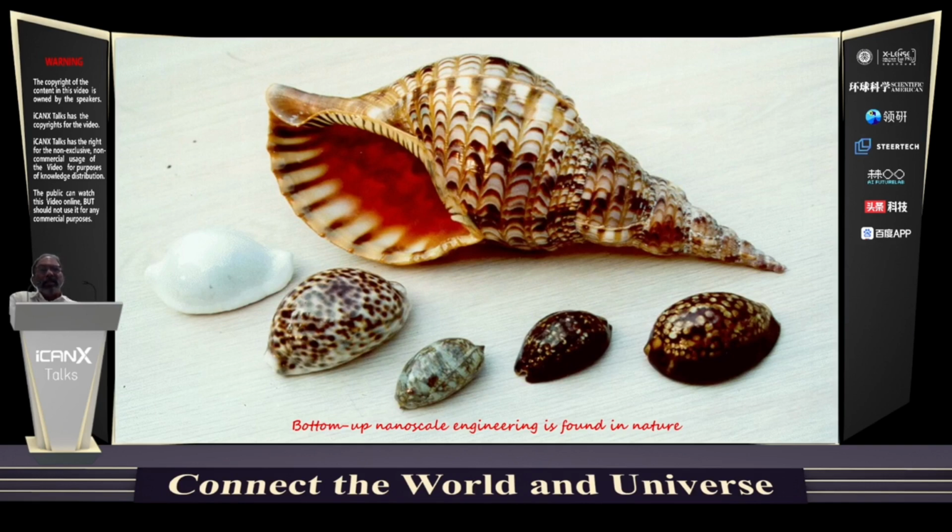And these are essentially good examples for us to emulate, although practically, it could be quite challenging. So let me use this as an inspiration in trying to build nanoscale or nano-engineered structures from these building blocks.